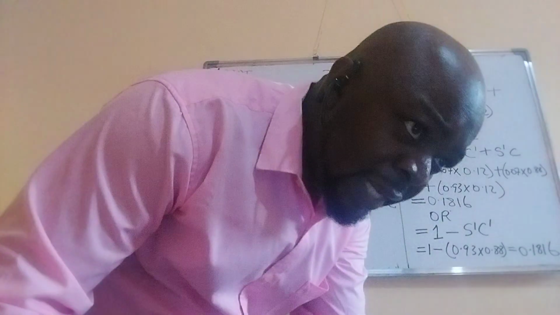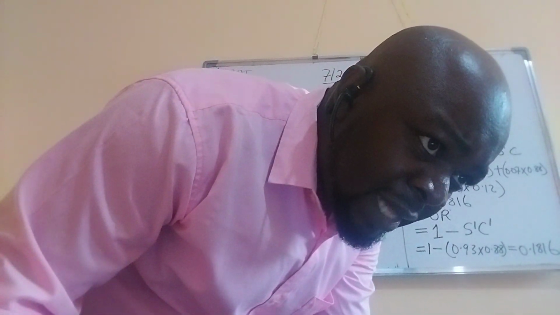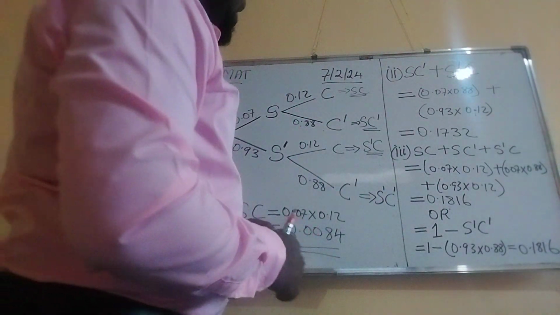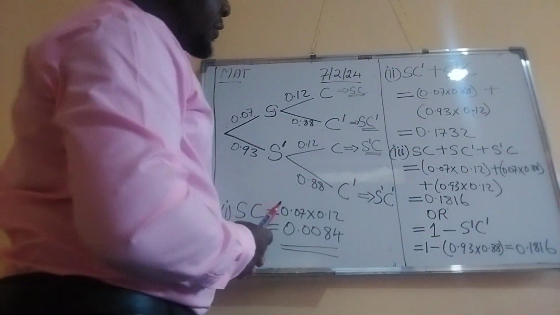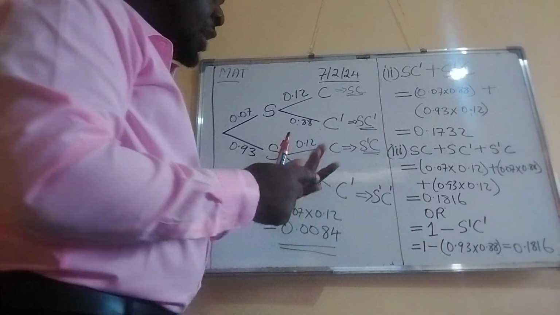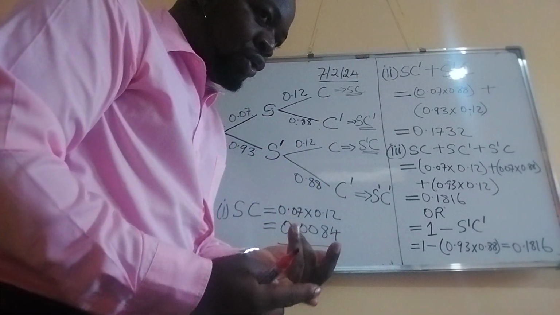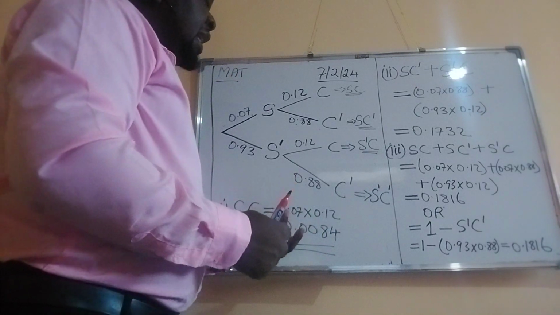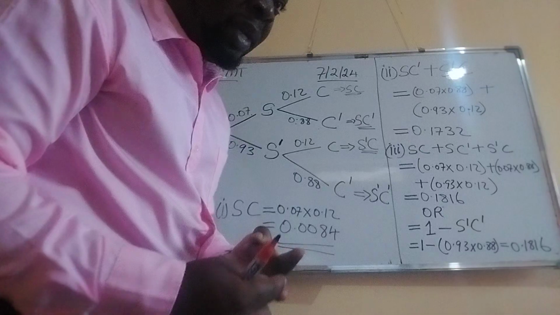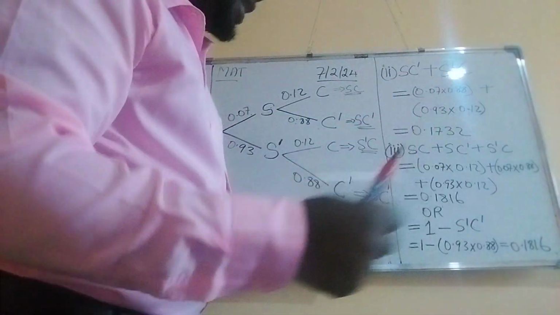Secondly, we can also get the probability that the house suffers only one of the misfortunes. The probability of the house suffering only one of the misfortunes implies that the house can either be broken into and the car not stolen, or the house not broken into and the car stolen.